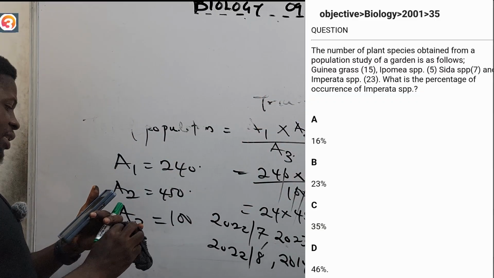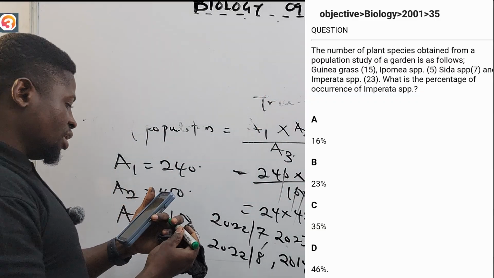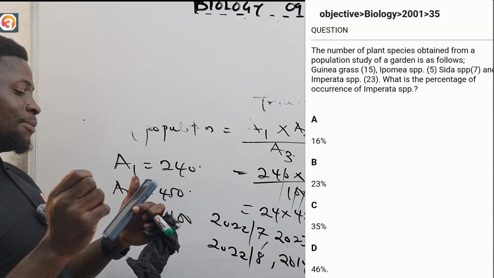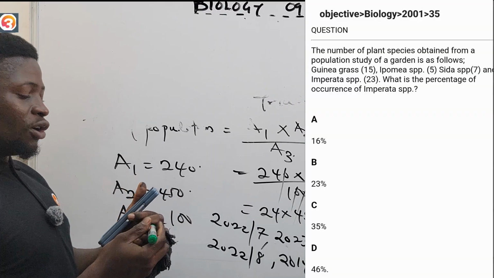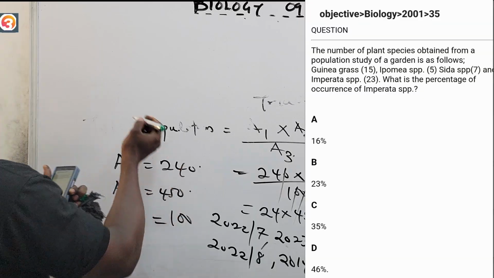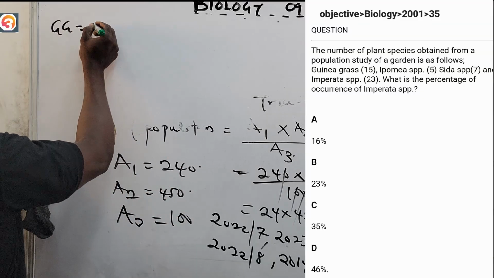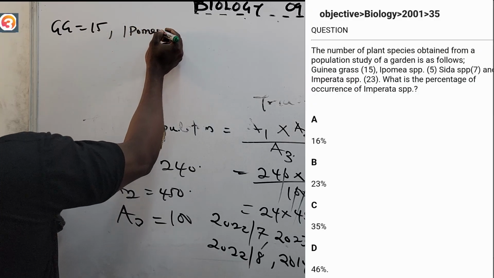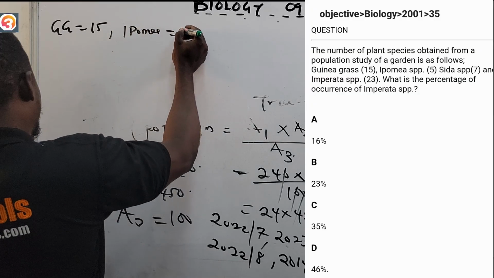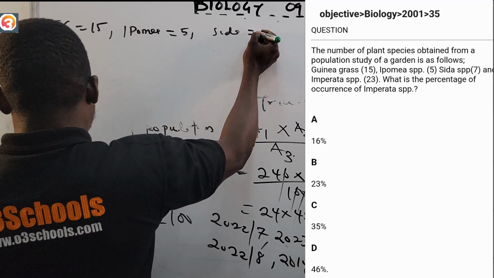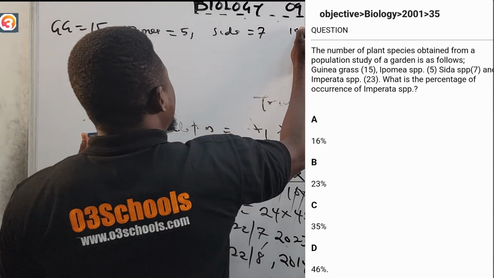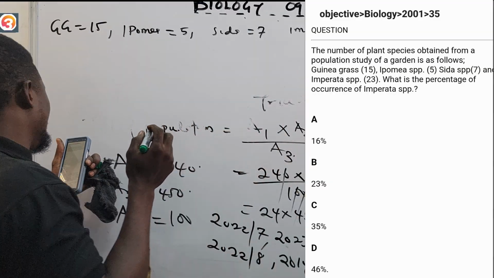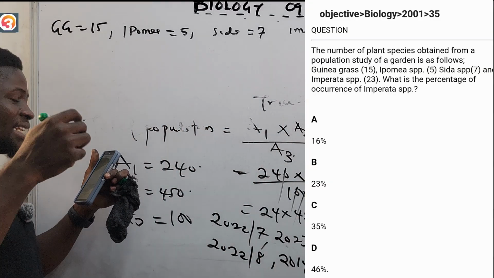We're given a number of plant species obtained from the population study of a garden as follows: Guinea grass is 15, Ipomoea species is 5, Sida species is 7, Imperata is 23. They say what is the percentage occurrence of Imperata species?